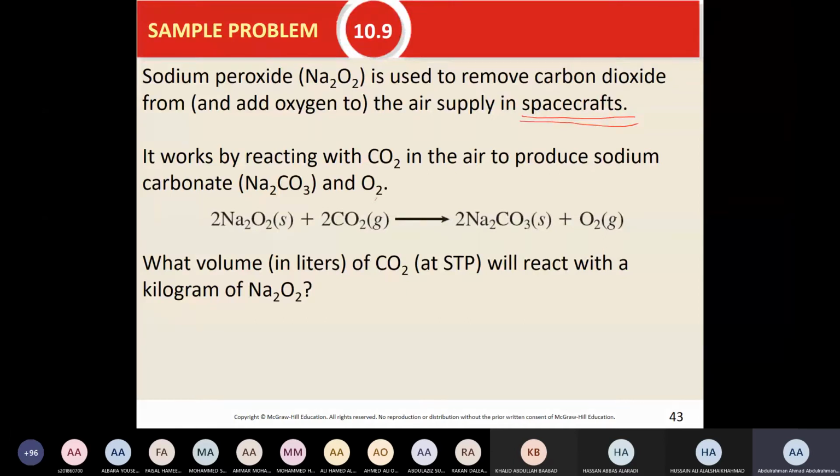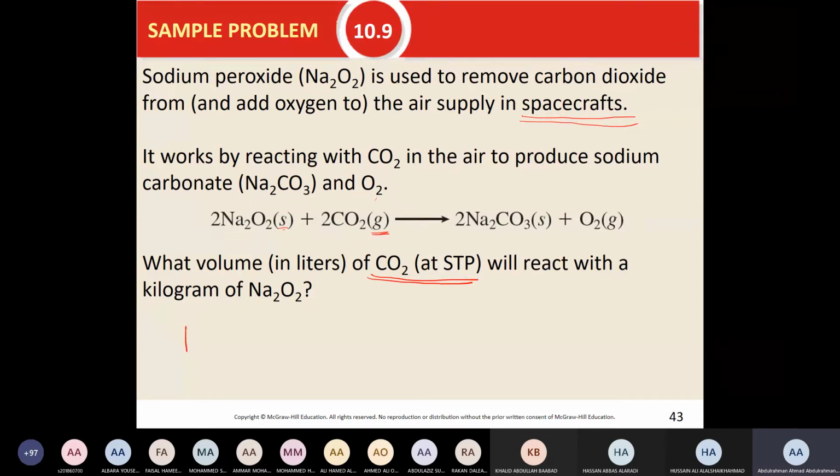All right. See, there is gas here, but this is solid. By reacting with CO2 in air to produce this, calculate the volume in liter of CO2 at STP that will react with 1 kilogram.